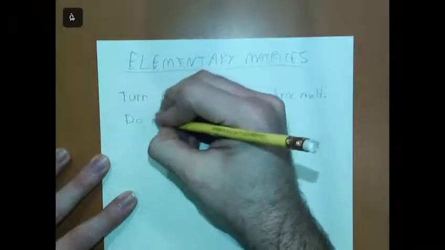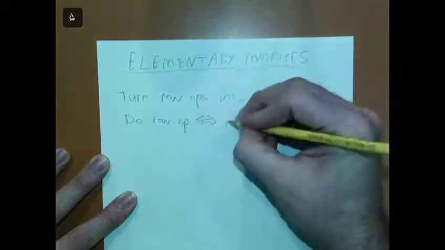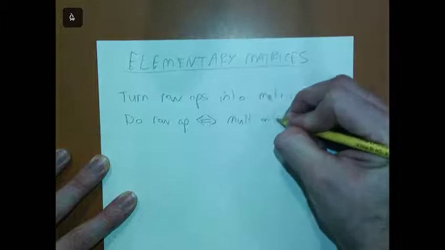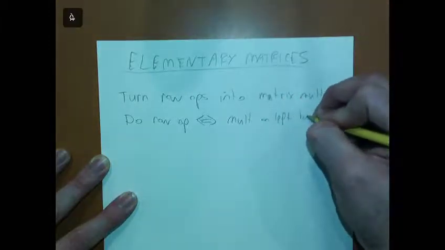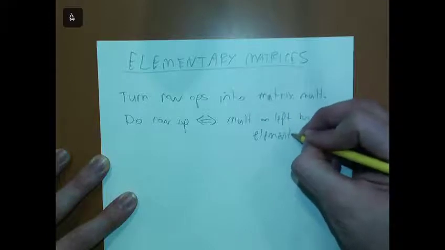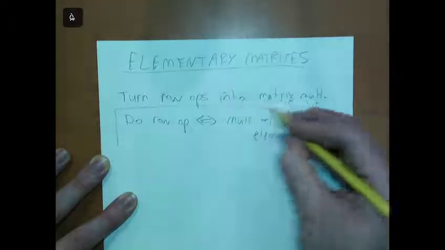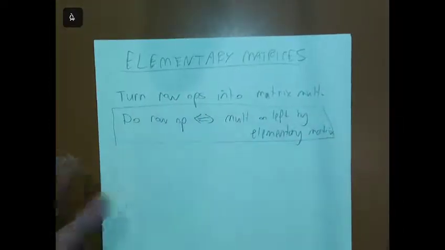So, do a row op is the same thing as multiply on left by an elementary matrix. That's basically the big idea.